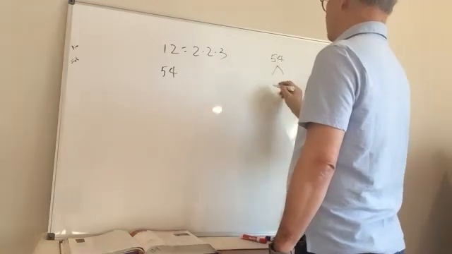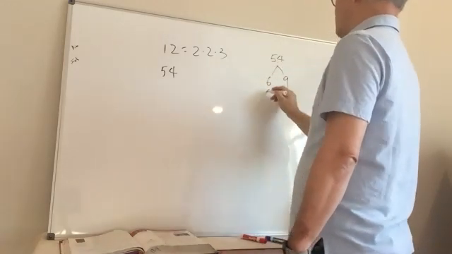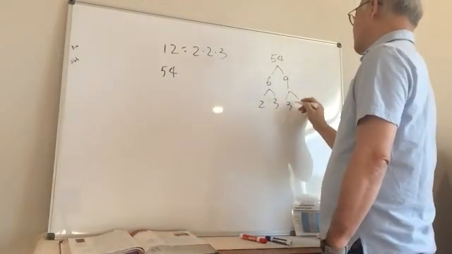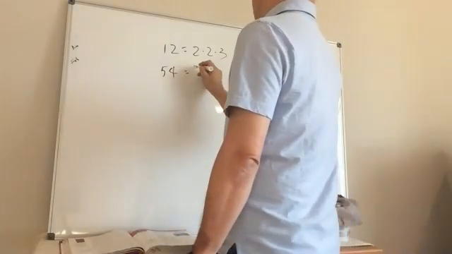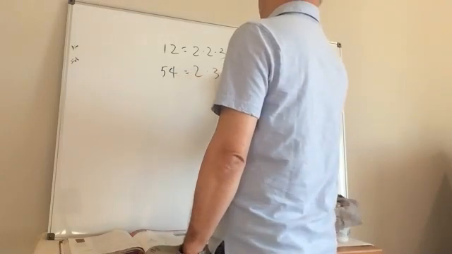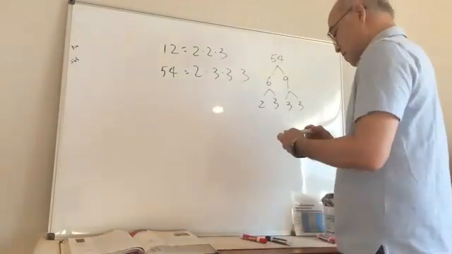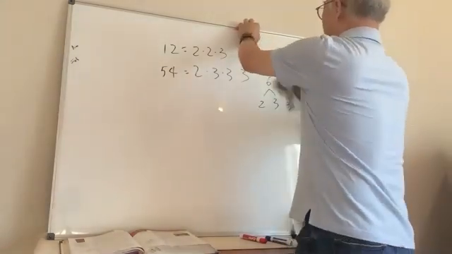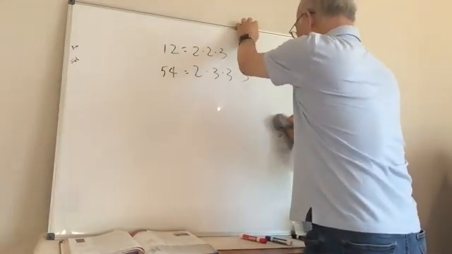54 is going to be 6 times 9. 6 is going to be 2 times 3. 9 is 3 times 3. So this is going to be 2 times 3 times 3 times 3. Okay? All right. So, AJ, what numbers do these two share?